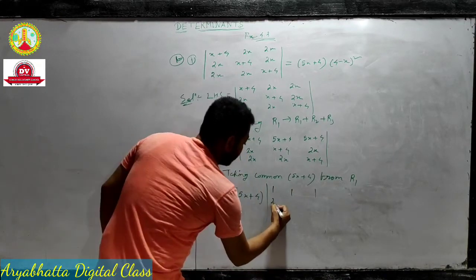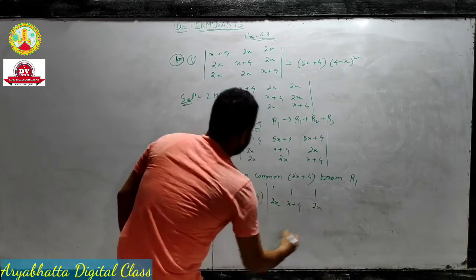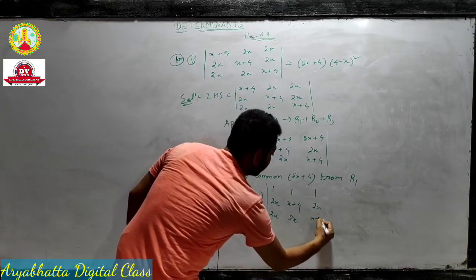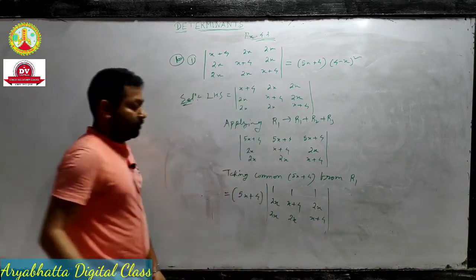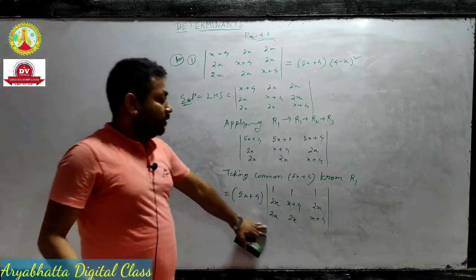Next, 2x, x plus 4, 2x; 2x, 2x, x plus 4. After taking 5x plus 4 from R1, then we have this.